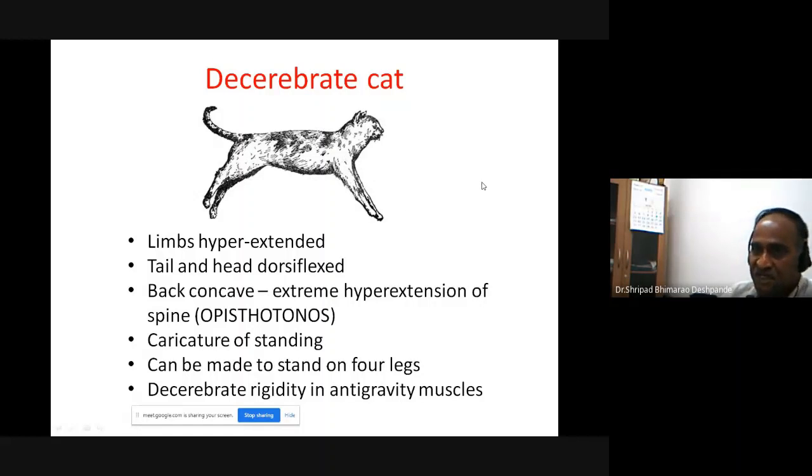They have rigidity. That is the typical feature of the decerebrate cat. You can see that limbs are hyperextended, tail dorsiflexed, this is dorsiflexed, and this is also hyperextended, and the C-type caricature of standing, and that is with the anti-gravity muscles.